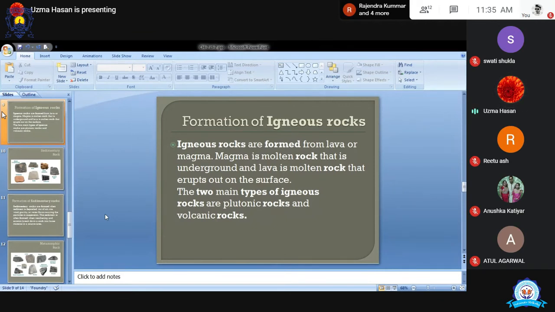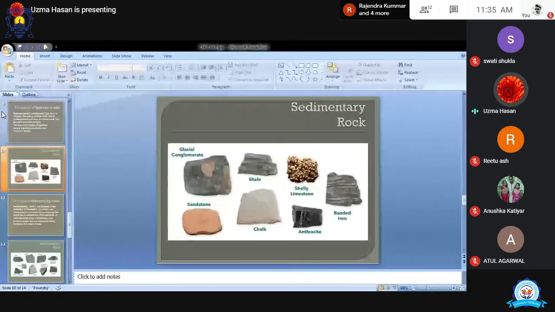Okay, there are two types of igneous rocks, plutonic rocks and volcanic rocks.